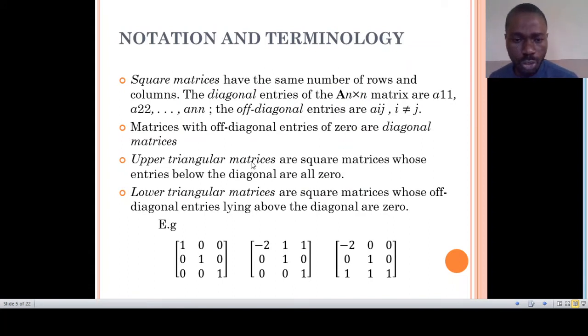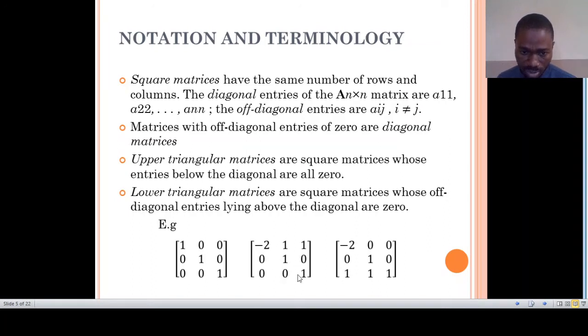So by now, you should understand what an upper triangular matrix is all about and what a lower triangular matrix is all about. Upper triangular matrices are the ones that have the entries below the diagonal equal to 0.